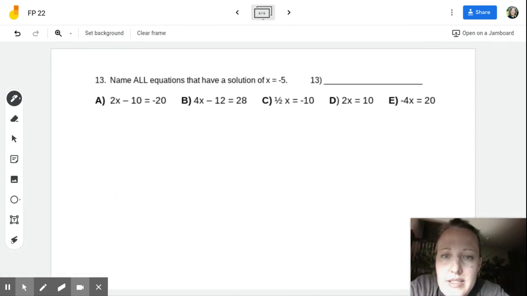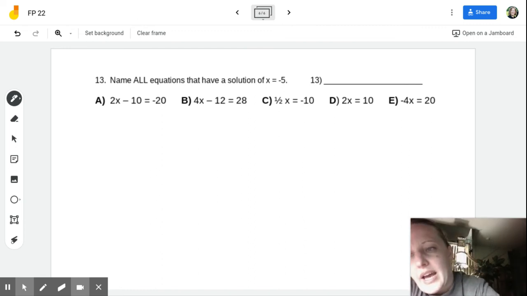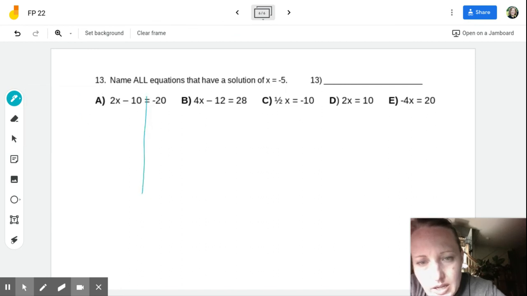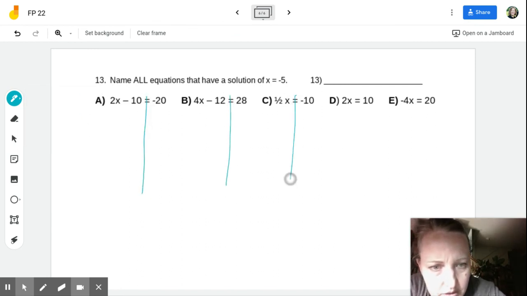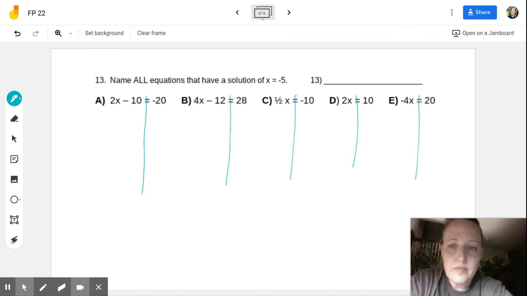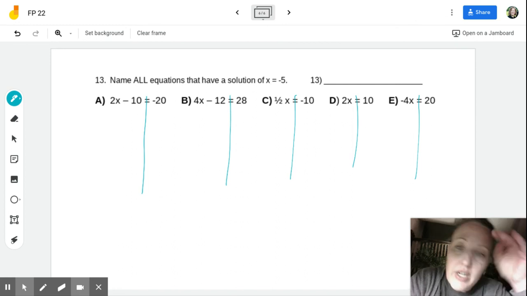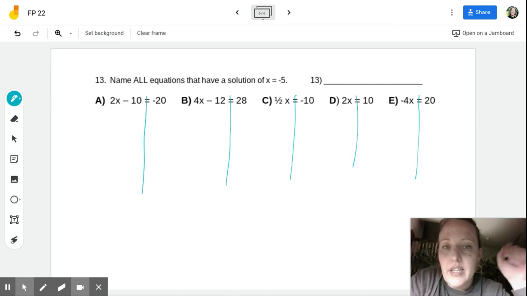Okay, last one. Name all equations that have a solution of x equals -5. I have a feeling I do not need to work this all out for you. What you're going to do to solve is just substitute x for -5. So one strategy is to just solve these, and the other strategy is to plug in the -5.